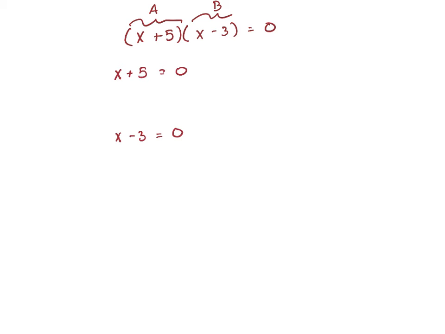Again, we always get two answers to these. Subtract the 5. There's one answer. Add the 3 in this case to get rid of it from the left-hand side. There's your other answer. Very simple.